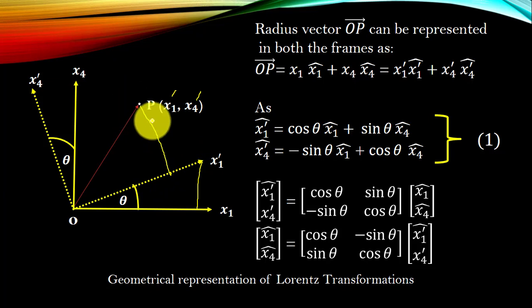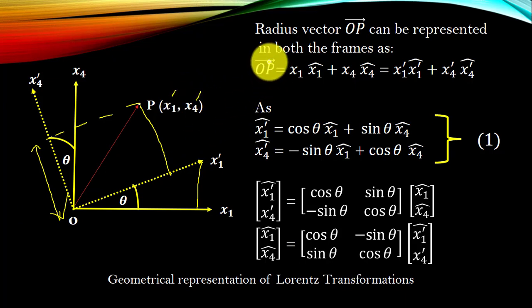Similarly, if I have to take its component along the x4 prime cap direction, then its component along that direction will be found by drawing a perpendicular over the x4 prime cap. So this magnitude from here to here is equivalent to x4 prime.